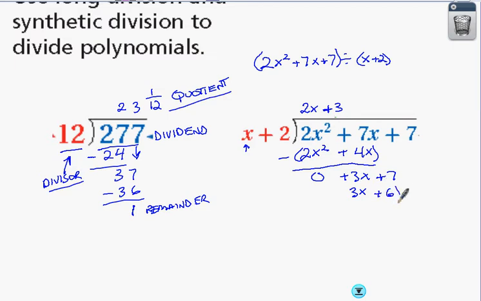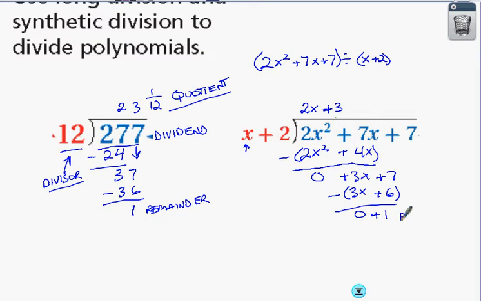And we're again going to subtract this expression from the expression above. 3x minus 3x is 0. And 7 minus 6 gives us a positive 1. All right? And just as we did with the remainder, so this is our remainder here.